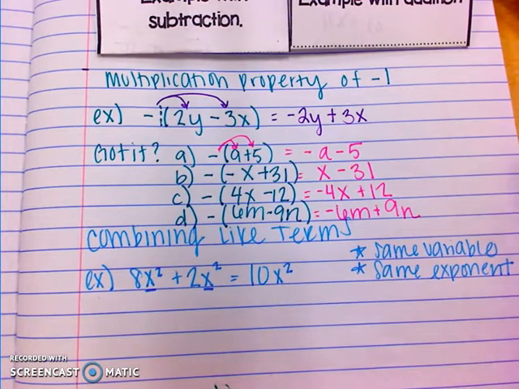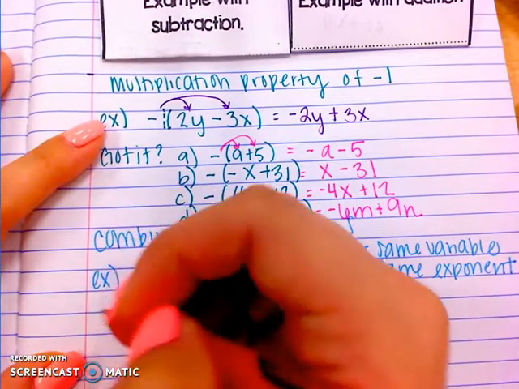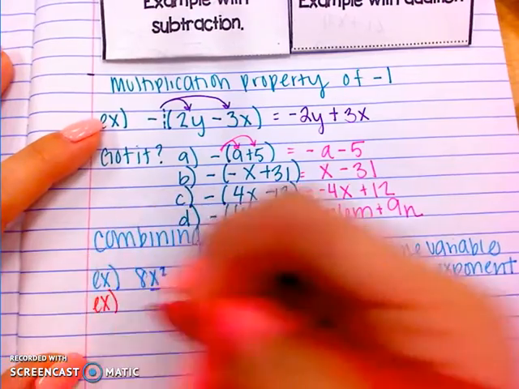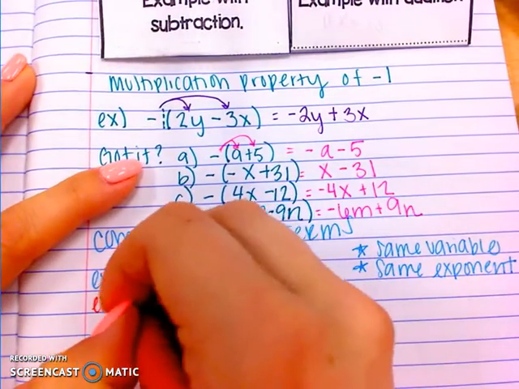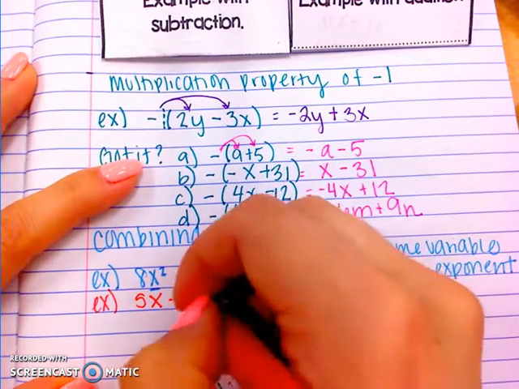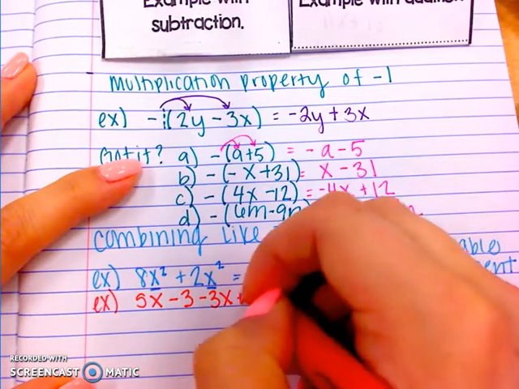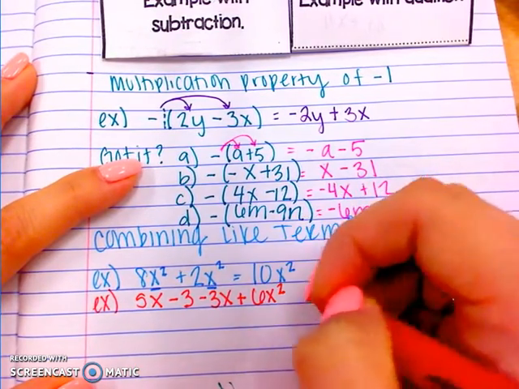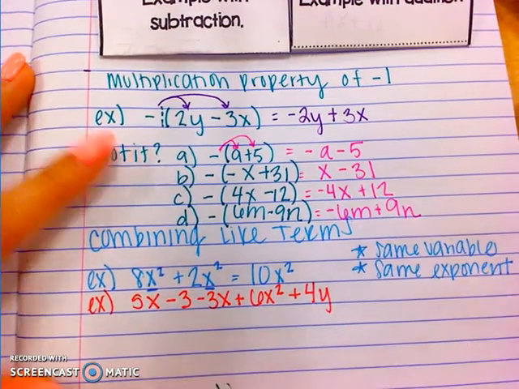Sometimes we're not going to have exactly the same exponents, even though they're the same variable. So let's do 5x minus 3 minus 3x plus 6x squared plus 4y. Okay?